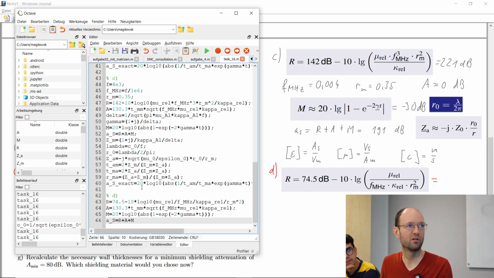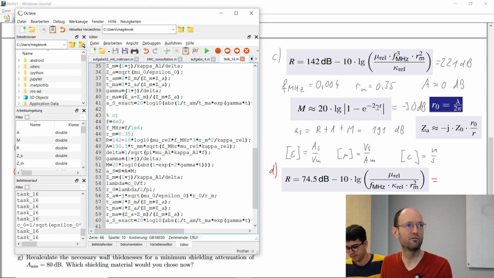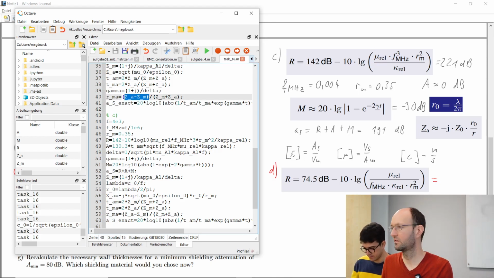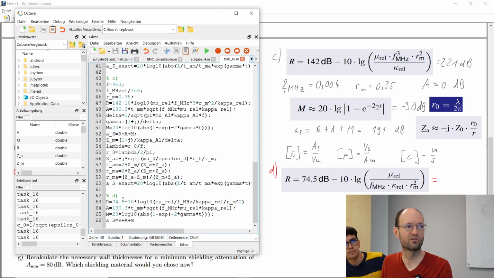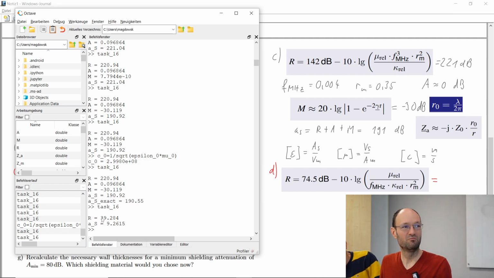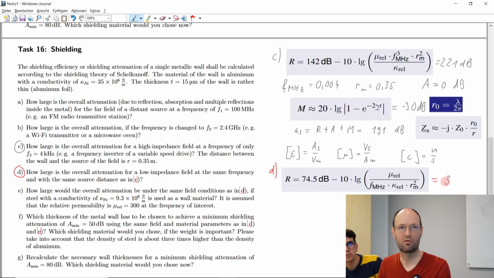If we check the formula for the reflection coefficient, now this is small, this is also small. Now the difference is not that large anymore, and so that's why the reflection coefficient is much smaller. So we only have this 40 dB of reflection, but we also lose 30 dB due to the multiple reflections. So our overall shielding efficiency in this case is just 9 dB, which is not that good anymore. So this is 39 dB. No, maybe I should switch to red.